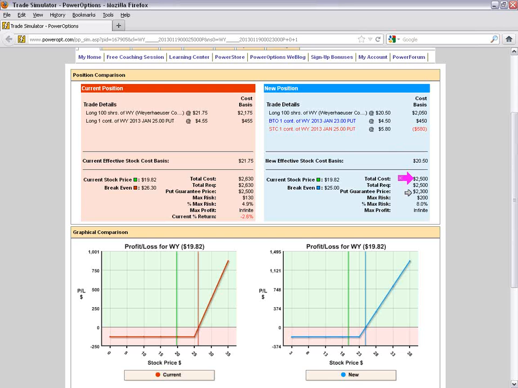So our total invest is $2,500, but we have a 23 put now, so our risk is 8%, and we still have the infinite maximum profit. Our break even, though, remember our original break even at 26.30, that's at expiration, of course, but if we make this adjustment, we've adjusted the position, we've generated a credit by rolling down this put, we've lowered our break even to 25, but at the same time we also lowered our guaranteed exit, so that's what increased the risk.